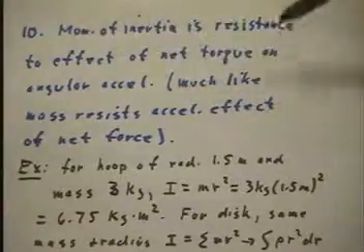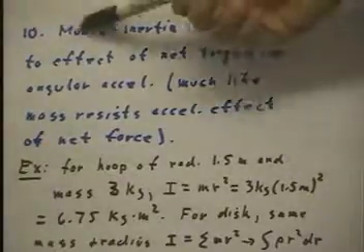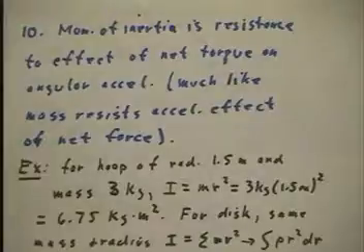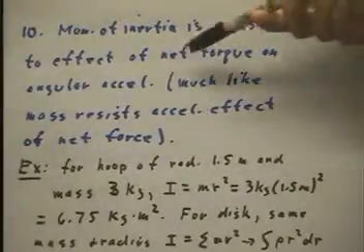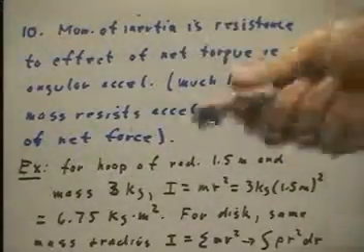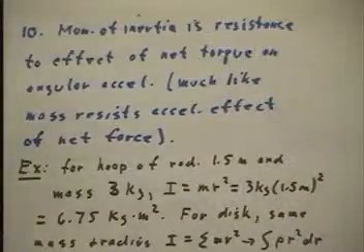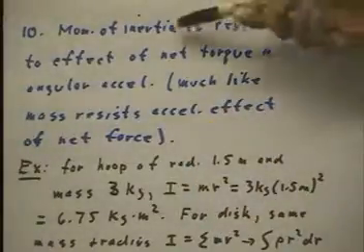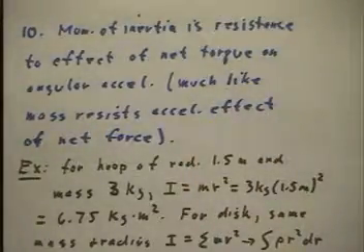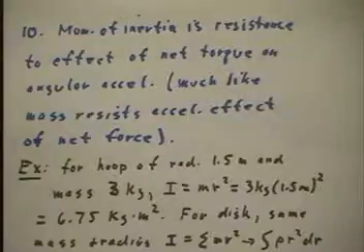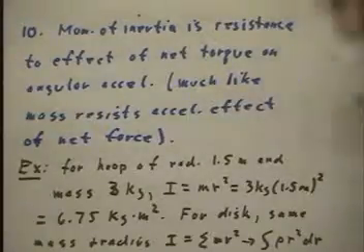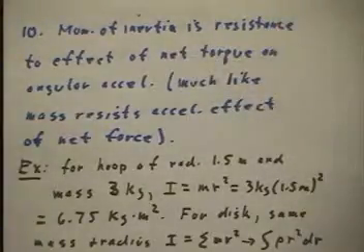Anyhow, moment of inertia. The idea of moment of inertia is resistance to the effect of a net torque on angular acceleration. What do I mean by that? Well, we know that it's torques that cause rotational accelerations. The greater the moment of inertia is, the more resistance we have to the effect of that net torque, in the sense that the less acceleration we're going to get for a given net torque.